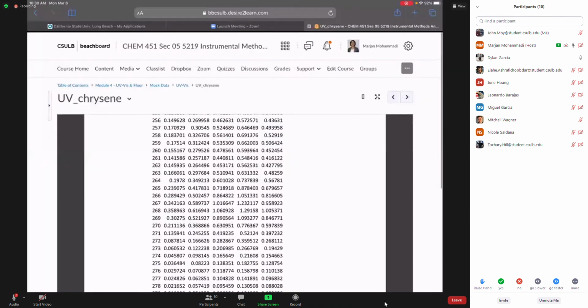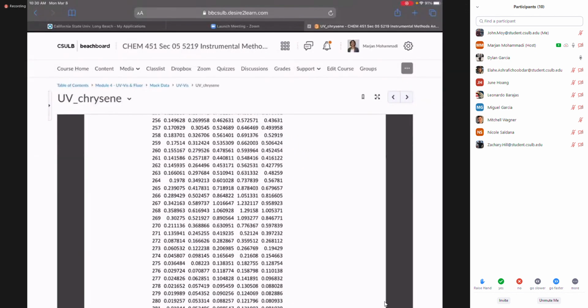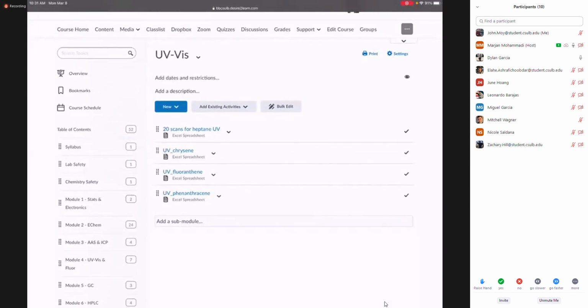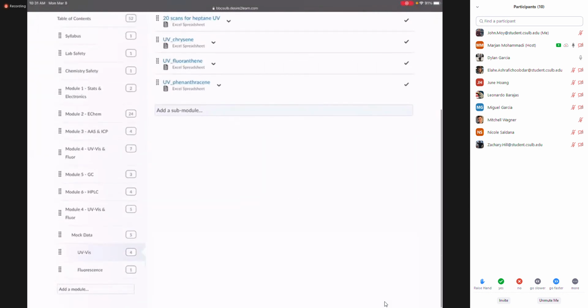Can we see the screen, everybody? Yeah, we see it. Wonderful. Take a look at 268. Yeah, that's lambda max. Exactly. So easily you can find the lambda max if you make a graph. This one was for chrysene. This is the UV data that you are going to make an overlay of and make the calibration curve according to Beer-Lambert data.